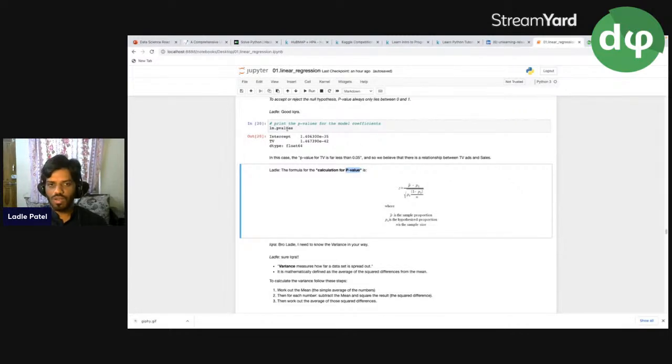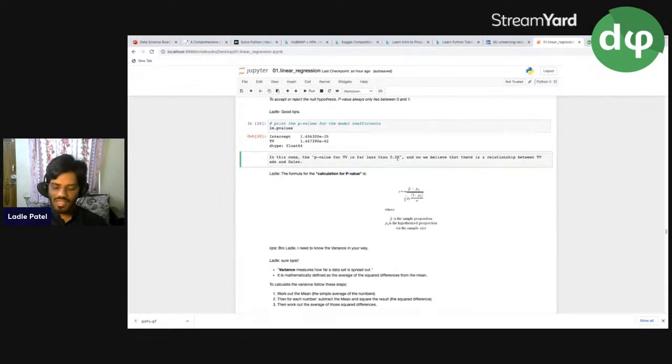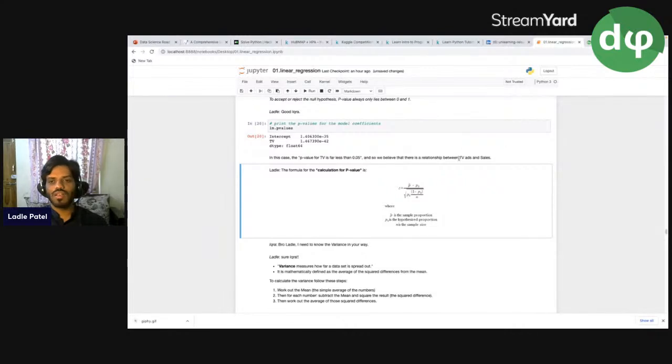You built a model. Now you are trying to understand p-value. What exactly is p-value and how is it used? By asking questions, right? Why is p-value important? If the p-value is less than 0.05, then there is a relationship between the input feature and the output feature.